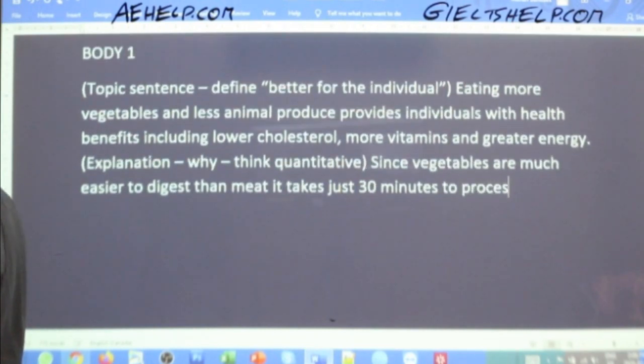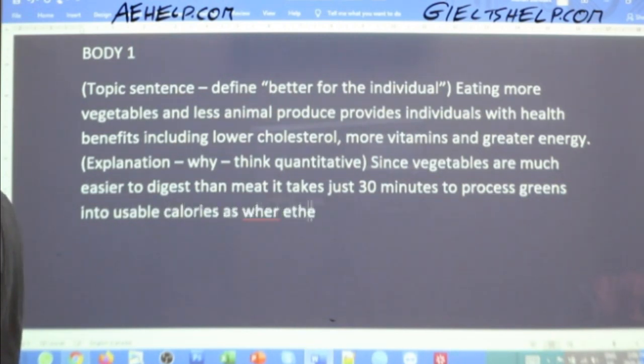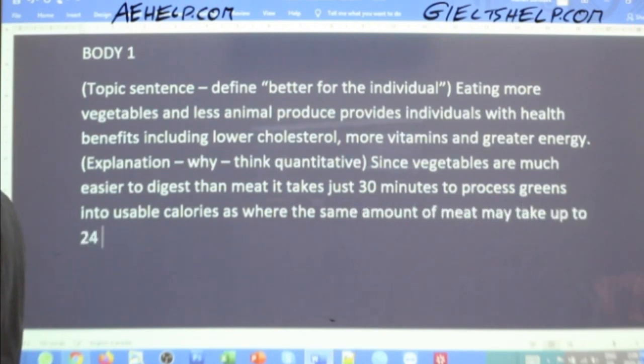I would use the word process instead of translate, Rajveer, to process greens into usable calories, as where the same amount of meat may take up to 24 hours.